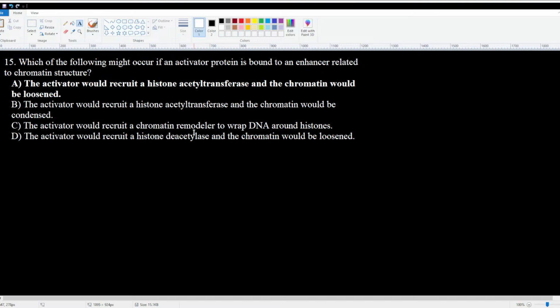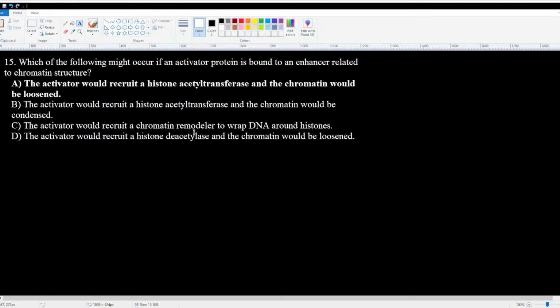Sorry, this is a very difficult question if you don't really know what's going on. So what is an activator protein? An activator protein is the protein that starts transcription.